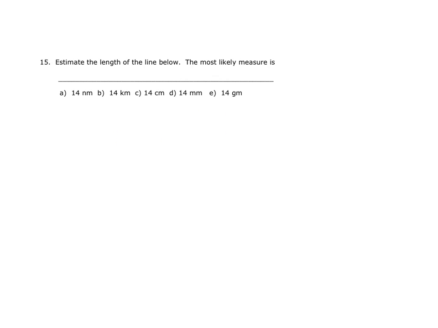The length of the line below. This is really just a matter of having some idea of the difference of scale between, say, nanometers, kilometers, centimeters, millimeters, and gigameters. Well, giga is a big number, that's a billion.